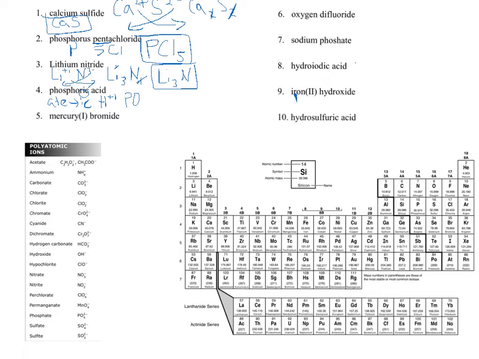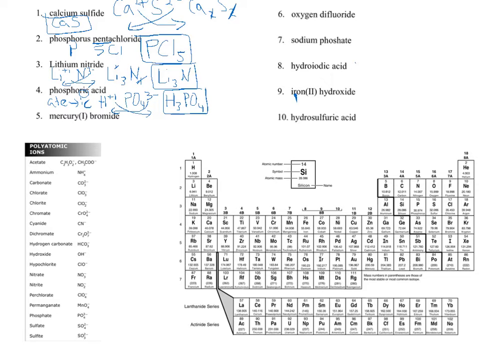Phosphate is PO4 3-. So even though this isn't an ionic compound, you can do the crisscross method with this, which means that we need 3 hydrogens to balance out the -3 charge on the phosphate to make phosphoric acid.